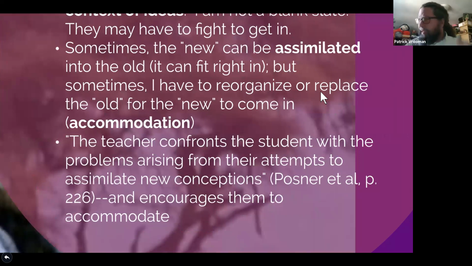You've got to kick those old ideas out, move them to the side, shuffle things around and make space for the new idea, the new thinking, the new information, so that we accommodate. And so they came up with some ideas about how we help students accommodate new ideas.